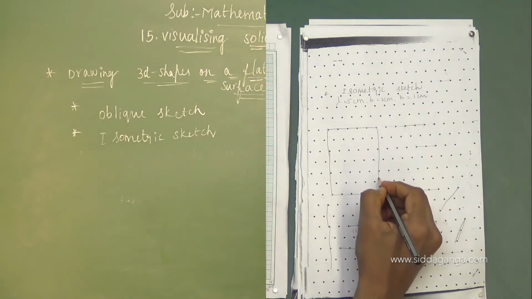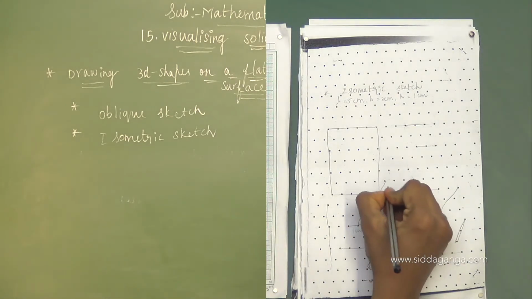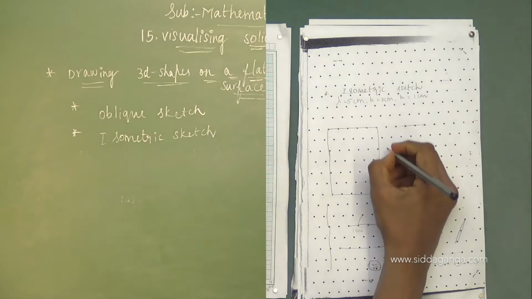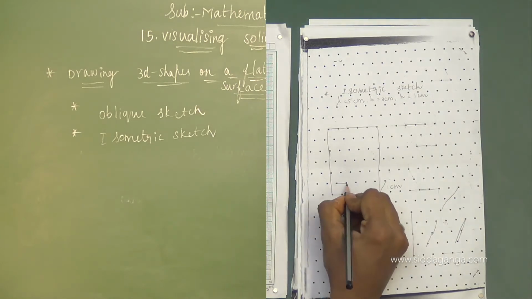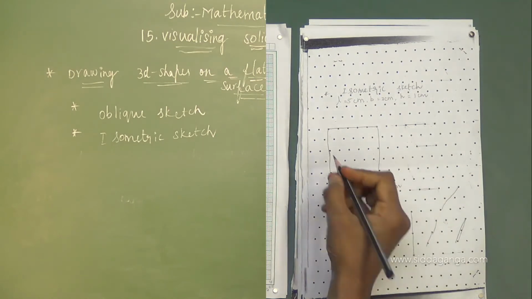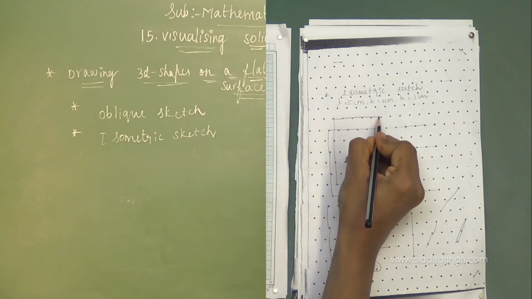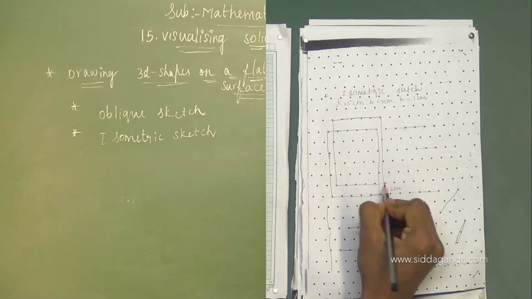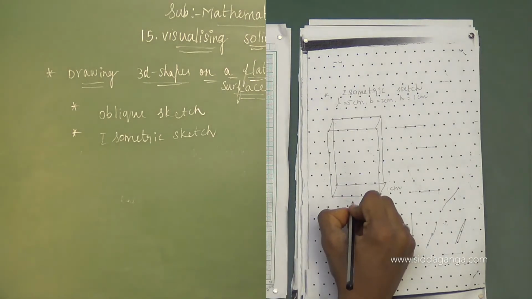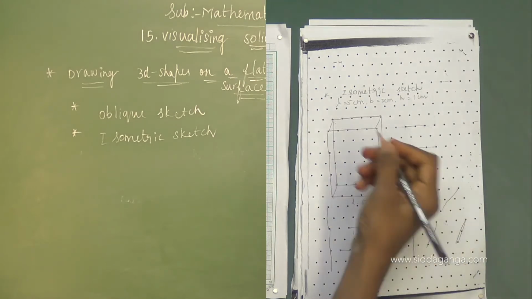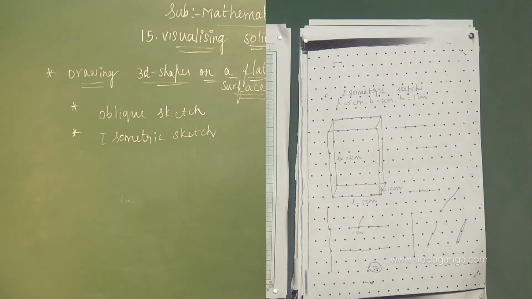First we form a rectangle and then the height. What is the height? 1 centimeter, correct? Here you have to form another rectangle: 1, 2, 3, 4, 5, correct? This is a cuboid of length 5 centimeters, breadth 3 centimeters and height 1 centimeter.